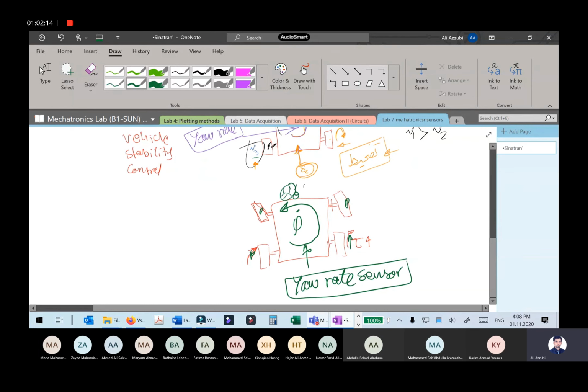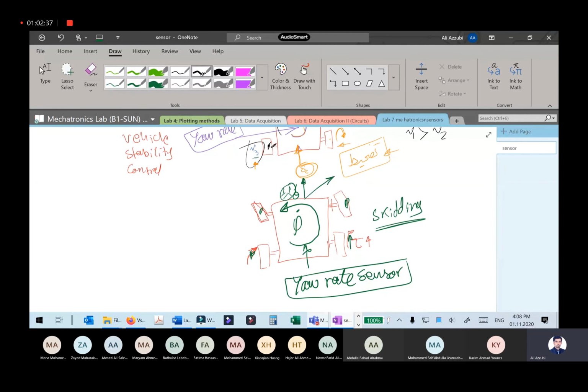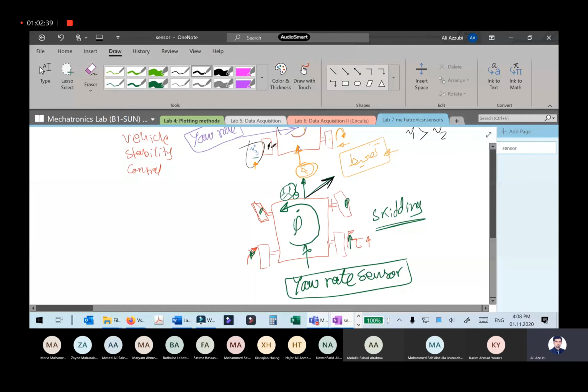Based on calculating all of these variables, it can determine if you have vehicle instability or not. If you have skidding, skidding again is steering one way and moving another way, like this.